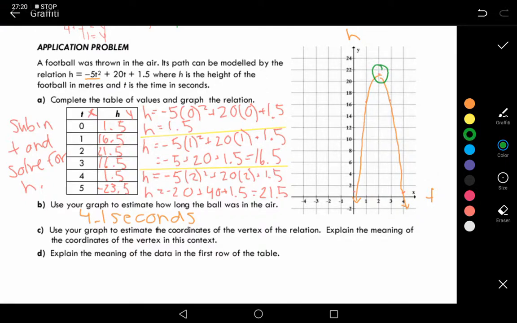So the coordinates of that point are 2, 21.5. Okay? And that is the highest point of the ball.